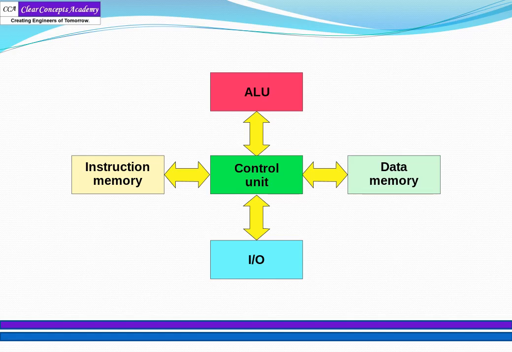This is the control unit which gives the signal of reading or writing or fetching the data, and it is again connected to the ALU through a bidirectional bus, and this control unit is also connected to I/O devices through a bidirectional bus for getting the data or storing the data.